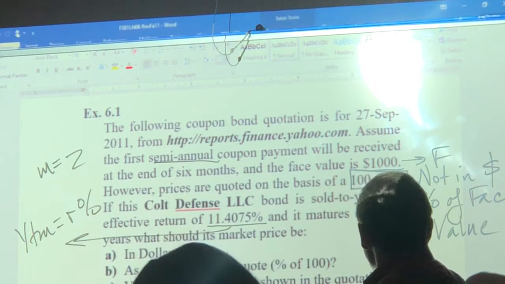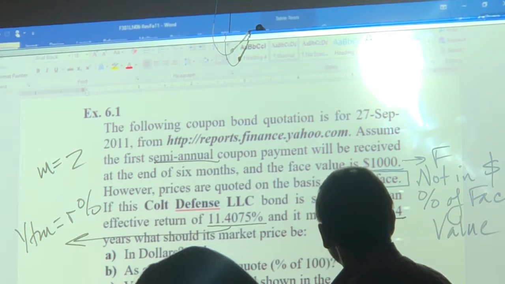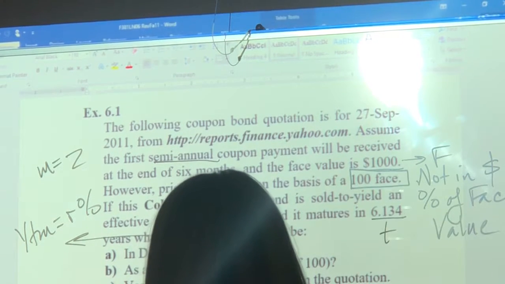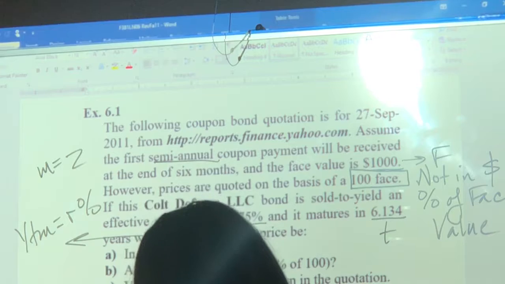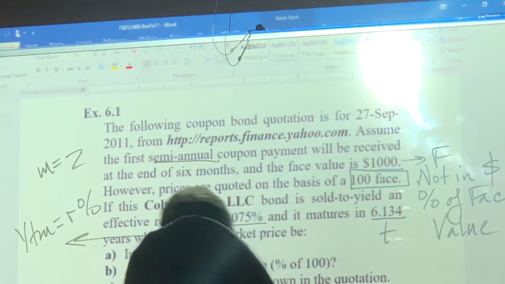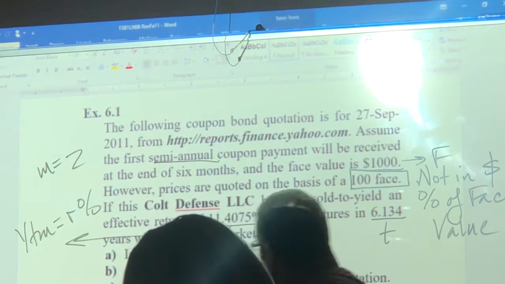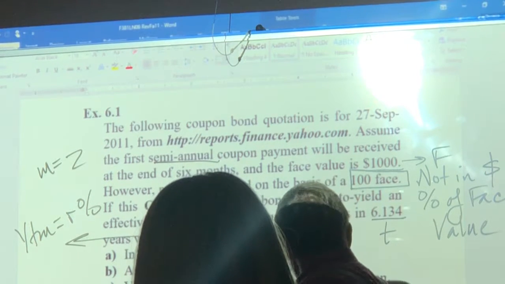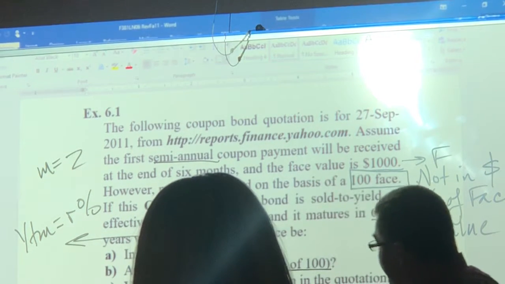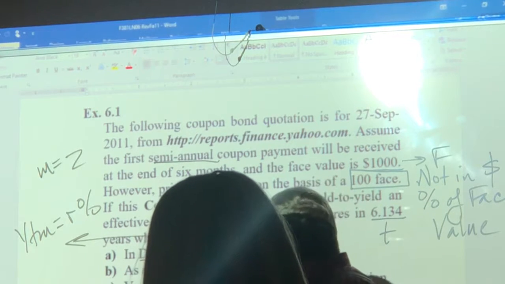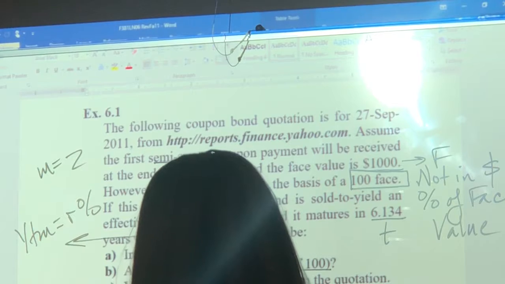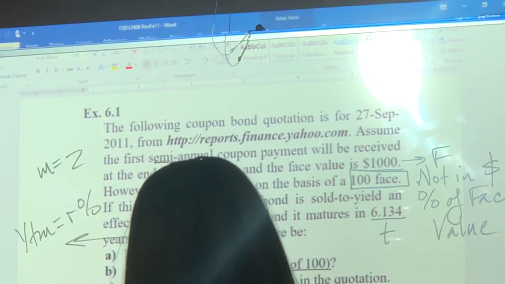It matures in 6.134 years, so that's going to be T. What should its market price be in dollars? So that's the first part. As a Yahoo Finance quote, so percent of 100. And finally, verify the current yield. That's the equation I was showing you that we haven't covered yet, shown in the quotation.